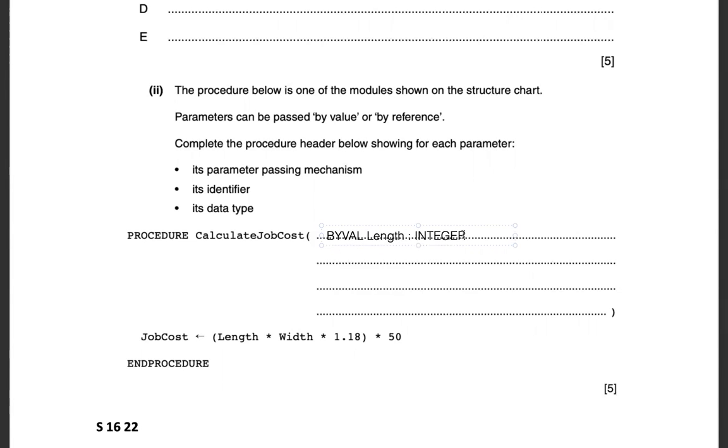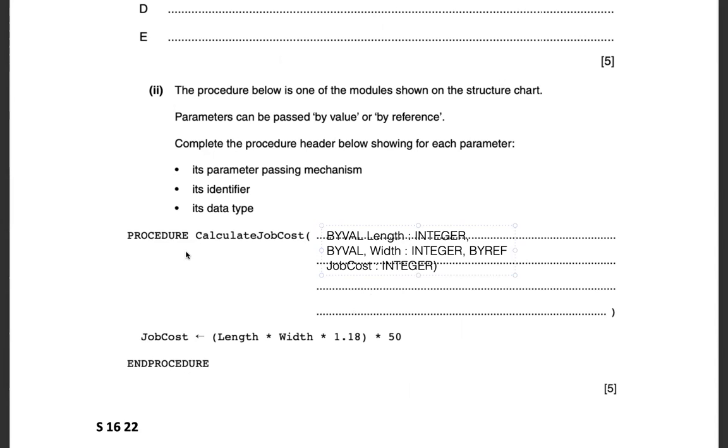And then we have by val the width, which is also integer, followed by ref the job cost. And I think it's supposed to be the same integer. And that should be your header for your job cost.